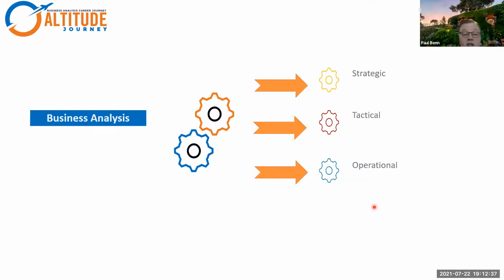At the strategic level, this is something like enterprise analysis, as we said, the focus on the whole organization, encompassing all the pre-project work to identify business problems, define the business opportunities, develop business cases, change strategies, and recommend whether a project should be initiated or not. At the tactical level is where we see the traditional business analysis role.